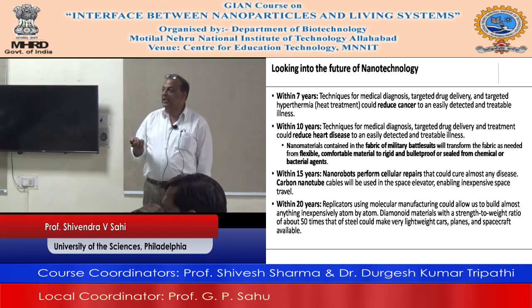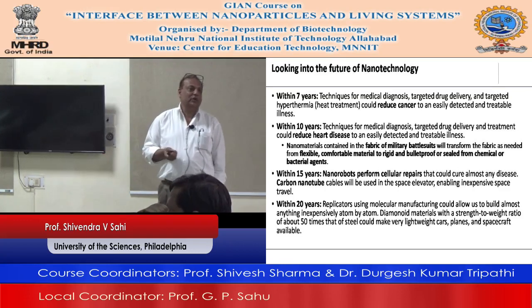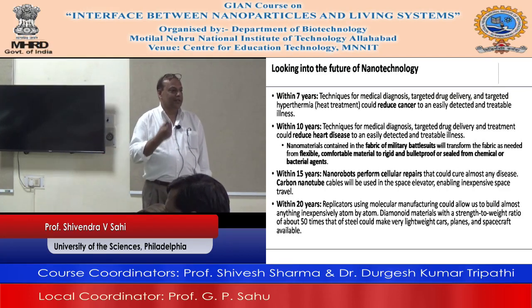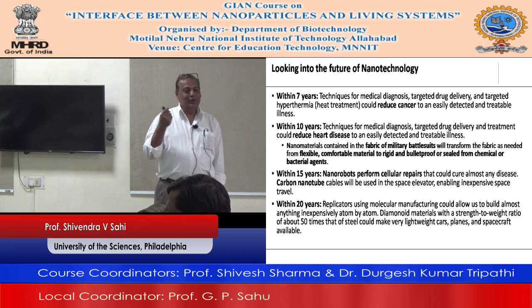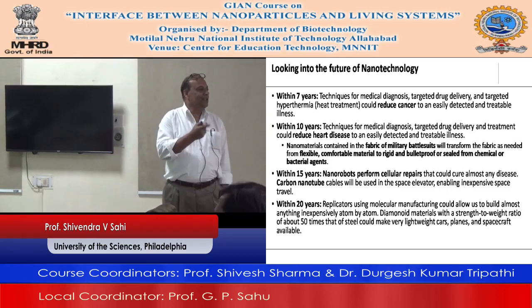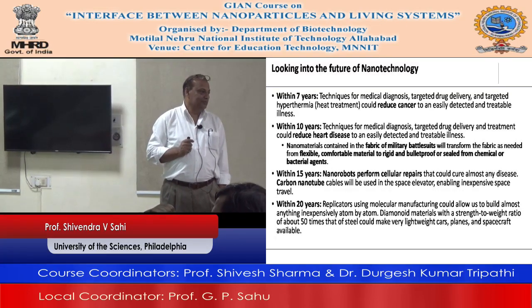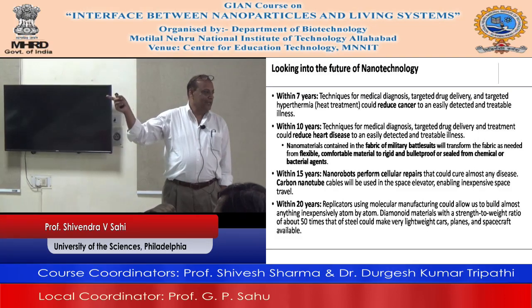Within the next 15 years, nano robots could perform cellular repair. These nano robots can be injected, and they could go to the site and try to repair the damage. I showed you nano robots earlier, 10 nanometers in size.